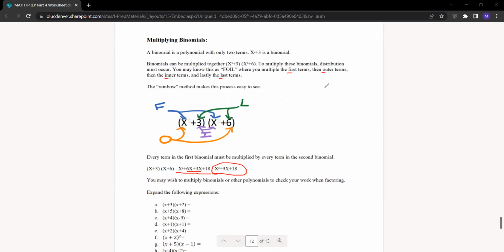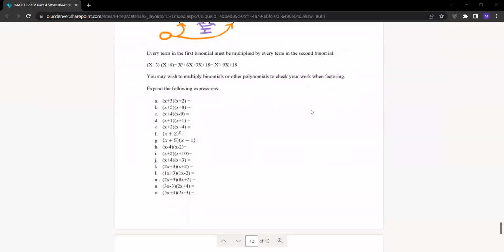So let's go ahead and do a couple problems. On this page, we're going to do A through F, and then we'll move on to a couple more complex ones on the next page. So first we have A. We do FOIL. x times x is equal to x squared. Next we do outside, so x times 2 is 2x.